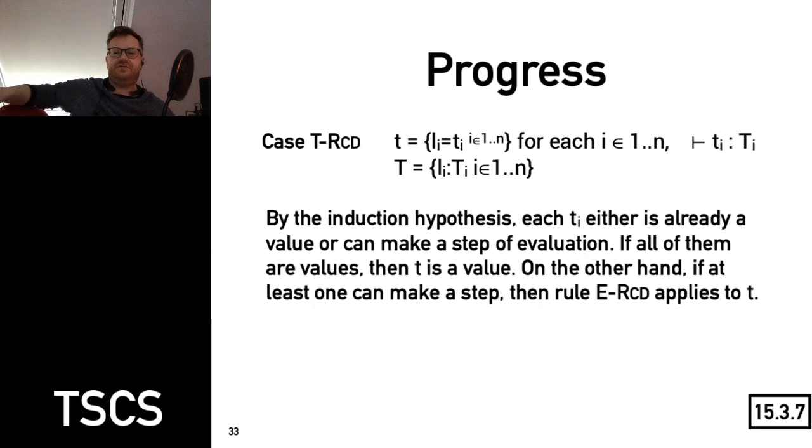Good. The case for T-record. So you have a term that is a record. So something that is a label and a term for i going from 1 to n.